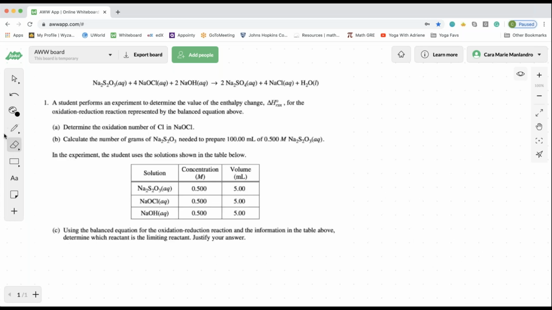So we're going to do the questions that don't have to do with applications of thermodynamics. We're going to do everything else.